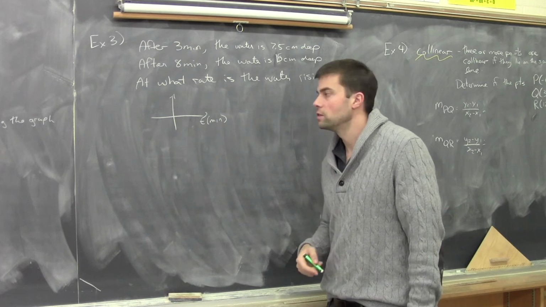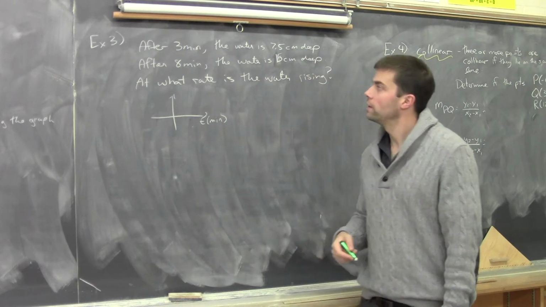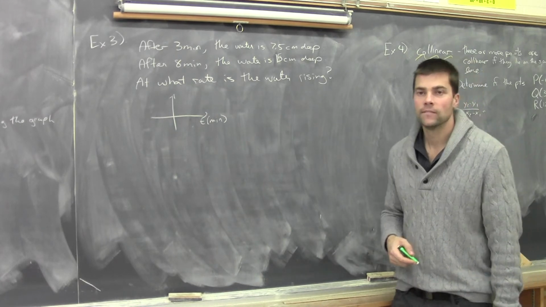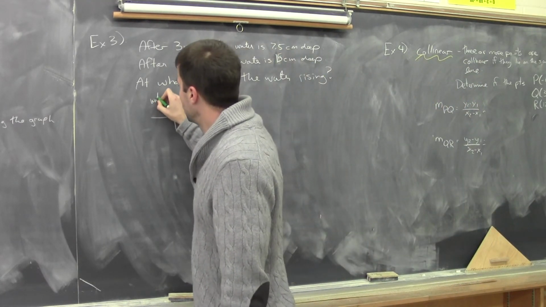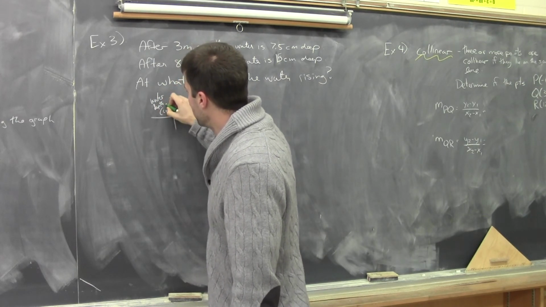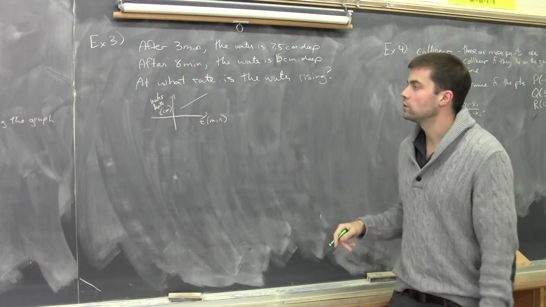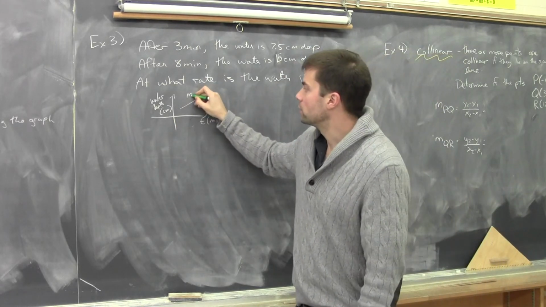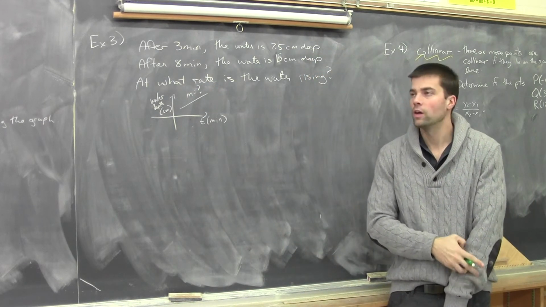Not the water pressure. Centimeters, the water depth. Water depth in centimeters. So what is the rate at which the water's rising? They're asking us for the slope of this particular graph.